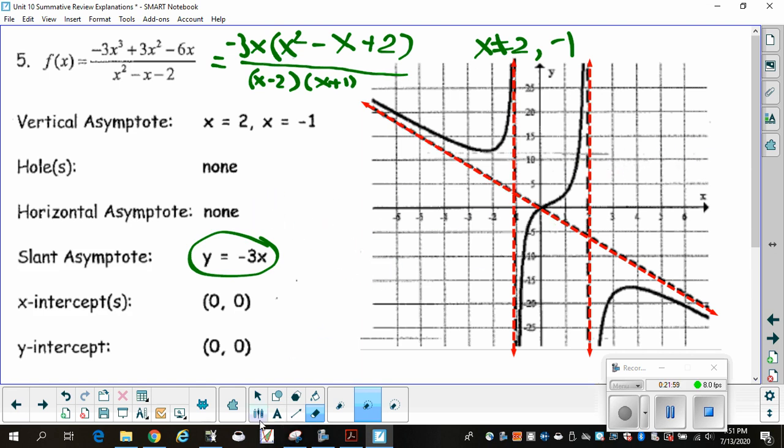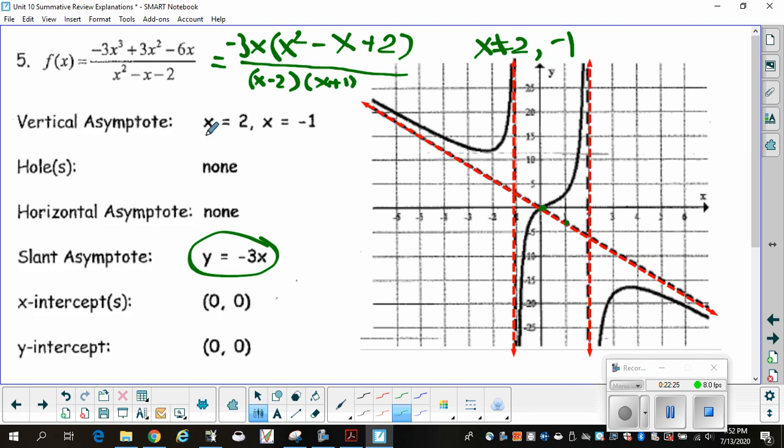I graph a point at 0, and then I go down 3 and over 1, plot my point, and draw my slant asymptote. My x-intercepts happen to be 0, 0, and my y-intercept is 0, 0. I set x equal to 0, and I wind up with 0 over -2.